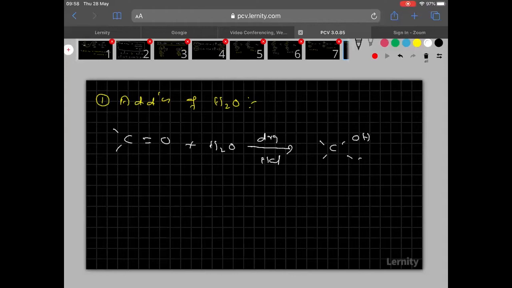Then in this way, we will get a product, and this product is said to be hydrate. How we got this hydrate then? That we are going to see along with the mechanism. Is it clear?